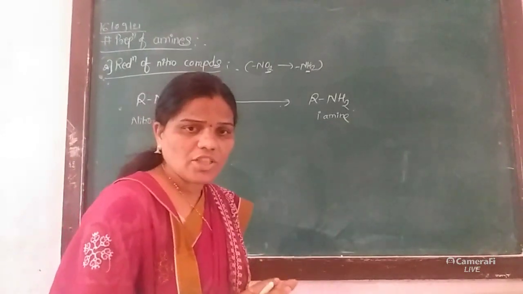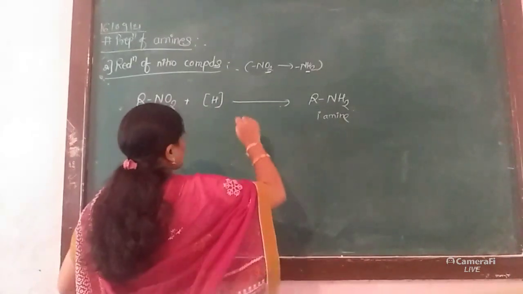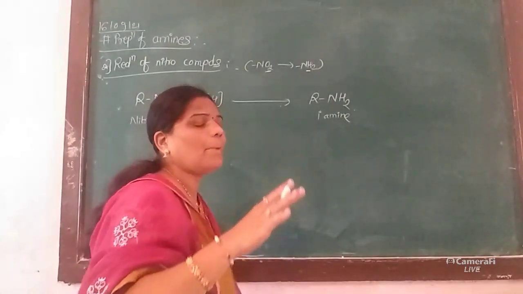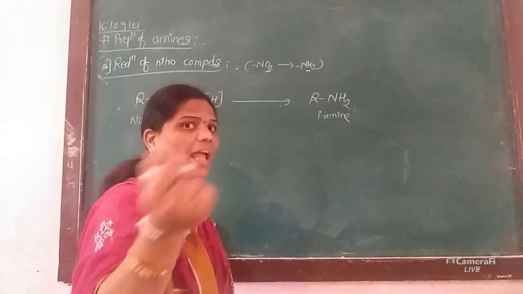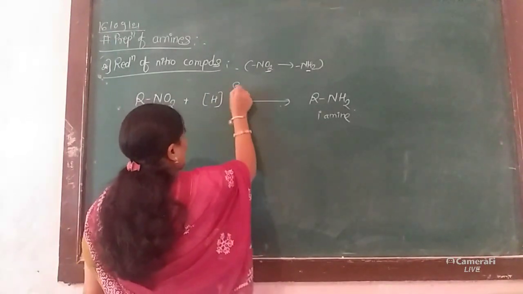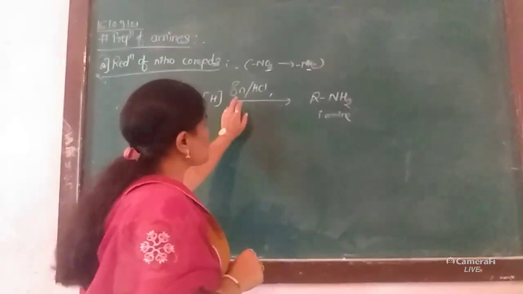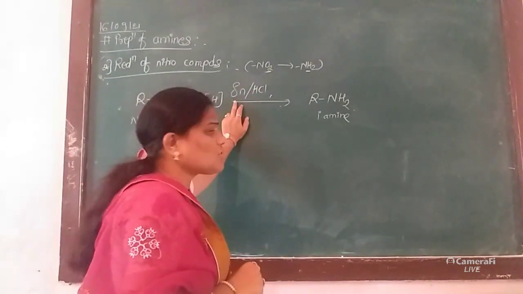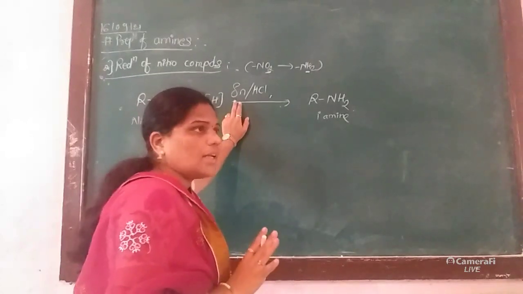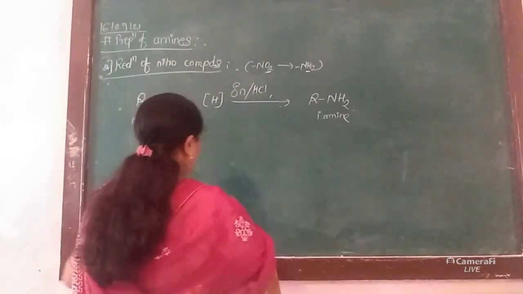That means this reduction is possible in the presence of a reducing agent, that is a mixture of metal and acid. For example, Sn and HCl.